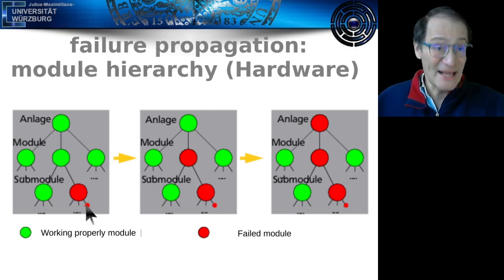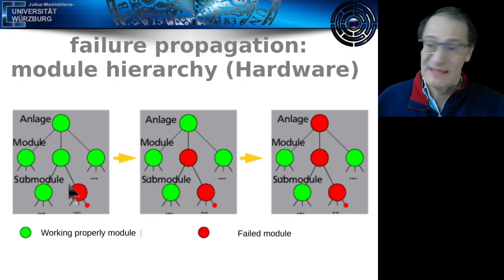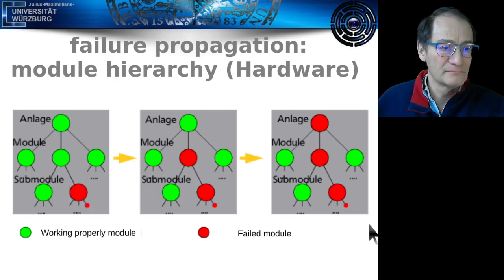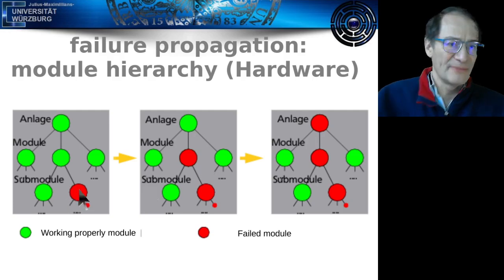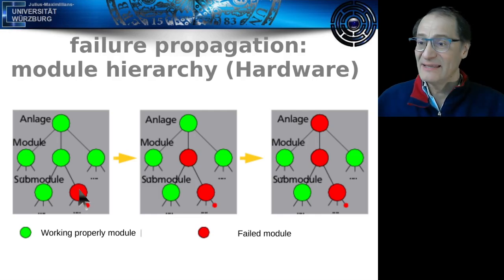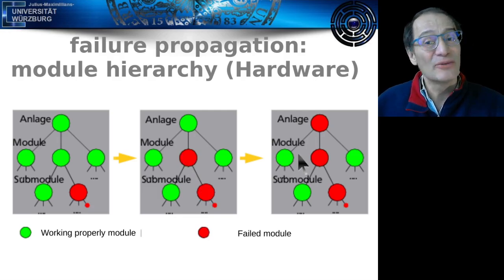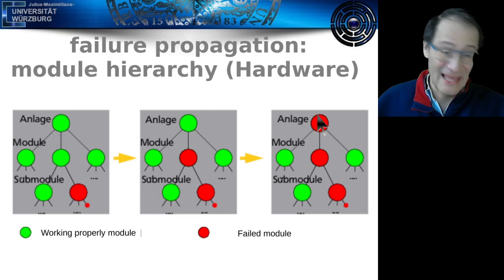And if this breaks, then maybe this submodule will not operate properly. Okay, maybe something will get stuck, not work anymore, and then this submodule has failed. But if this submodule fails, then the next module who requires this functionality will fail too. And if this module fails too, because this functionality is not coming, then it will propagate until the total system.